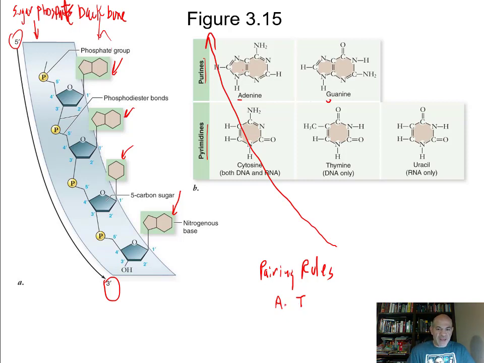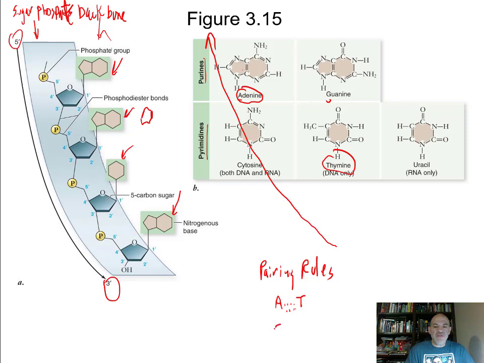Okay, and they don't form strong covalent bonds with each other. So we're talking about the other strand, the nitrogenous base that would be out to the side, and it's always going to be a purine with a pyrimidine. If you notice, A is a purine and T is a pyrimidine, so it's always one long one with one short one, or one bigger double ring with one smaller ring.